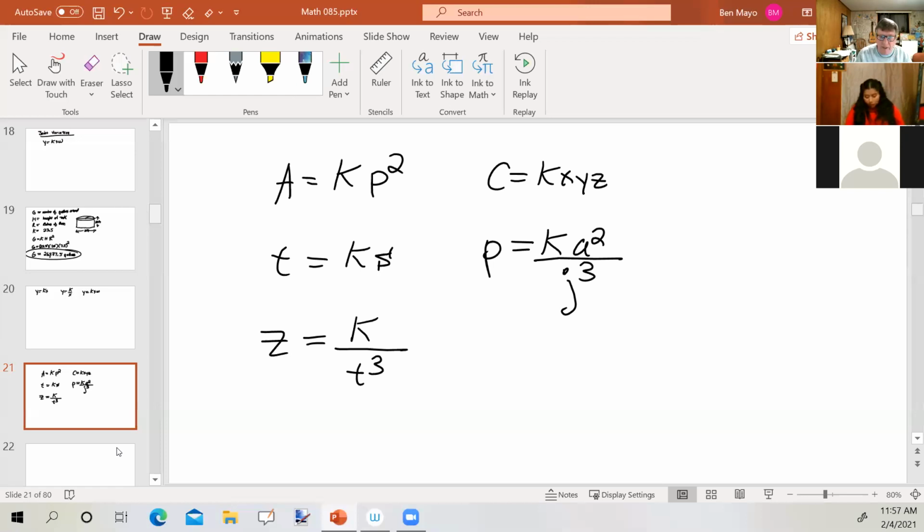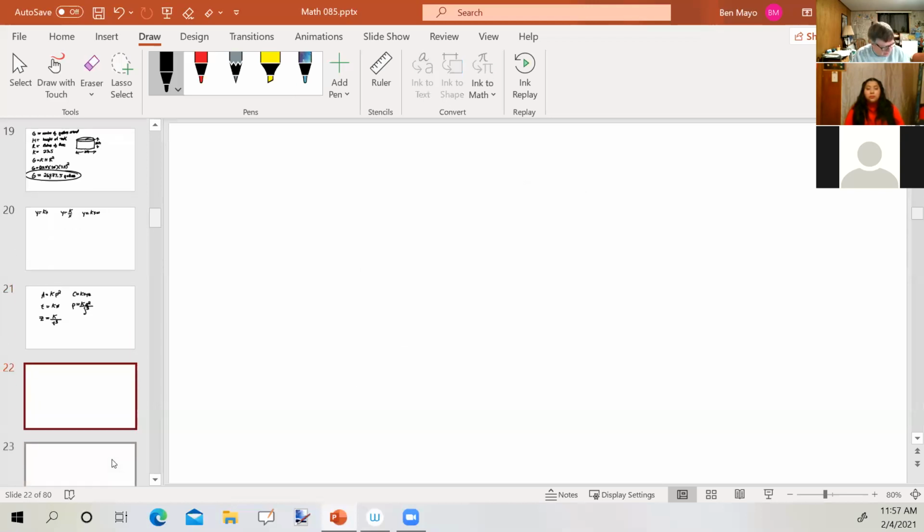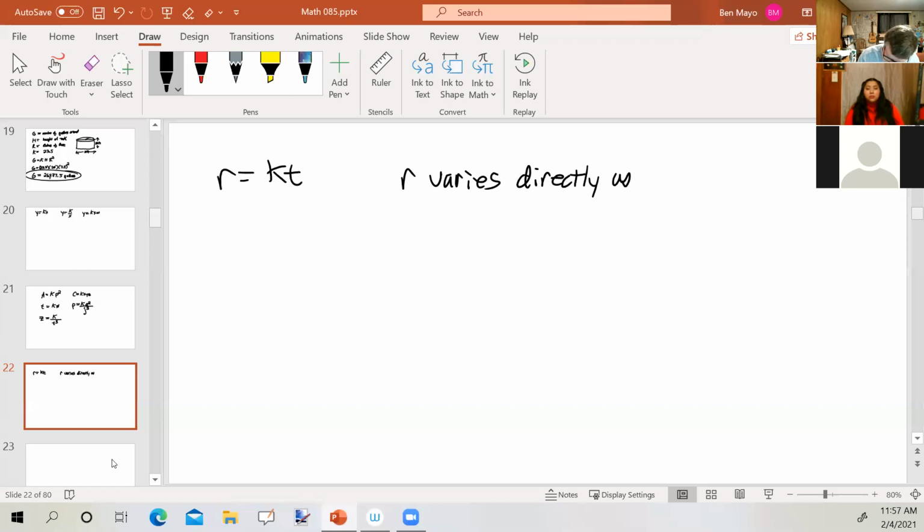All right, now let's go the other direction. Let's take some formulas and describe them in words. R equals KT, we would say R varies directly as T. Let's see. A equals K R cubed.